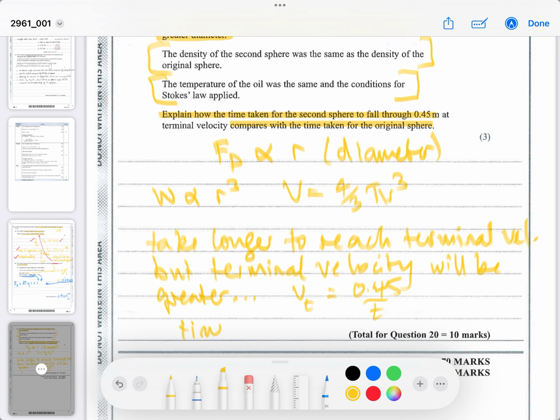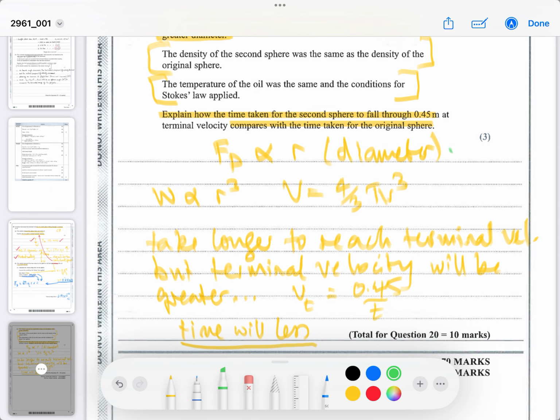So the time to fall, we're going faster, time will be less. Okay? That's basically the logic behind it, but it's actually more complicated than that, because there's also upthrust which will increase. So I think this is quite a complicated question.